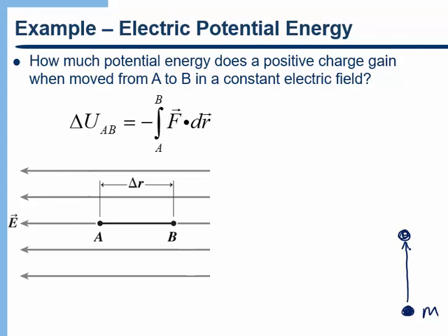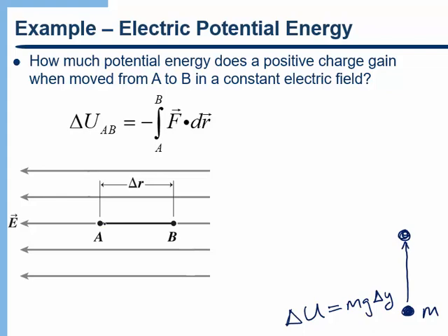Okay? So we know that if I take a mass and raise it up in a gravitational field, the change in potential energy would just be mg delta y. So let's see what we get when we do it in the case of an electric field.